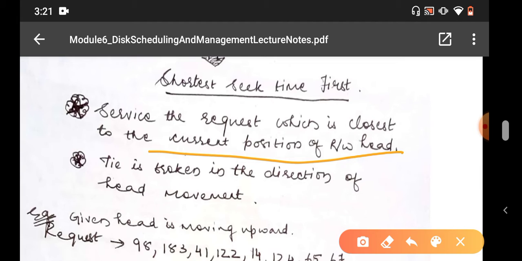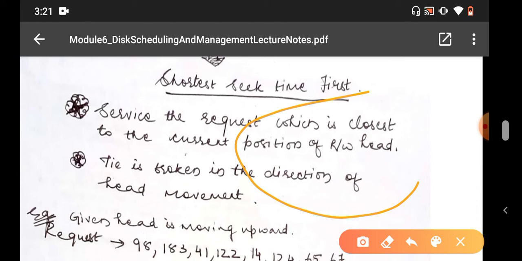A tie means, suppose there are two locations near to the head, maybe one on the left and one on the right. Whichever direction the head is moving, it will serve that direction first, and then the other direction. For example, if this is my disk and my read write head is currently over here, and I get a location over here and also over here.